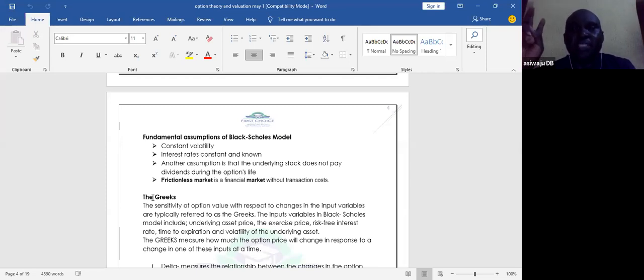The second is the exercise price, denoted as E. The third is the risk-free rate, denoted as R. The fourth is the time to maturity, denoted by letter T. Then we have the volatility, which is your standard deviation. Where you have these five variables, you can value either a put option contract or a call option contract.